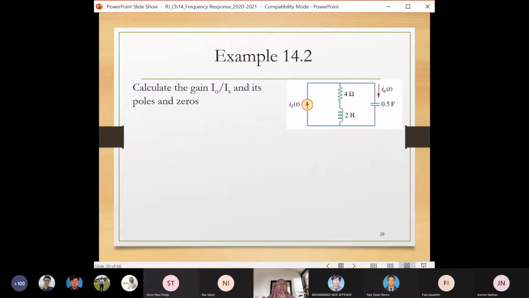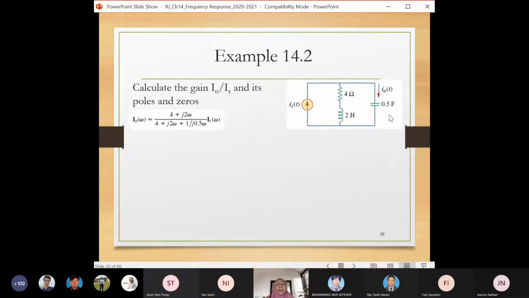Here you have a circuit of 4 ohms, 2 henry, and 0.5 farad: a capacitor, an inductor, a current source, and a current output. The question asks you to calculate the gain Io over Is, a current transfer function, and evaluate the poles and zeros of the transfer function.